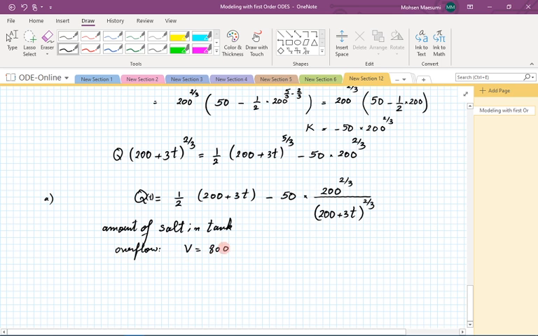Capacity is 800. Volume is 200 plus 3t. When it reaches 800, it means 3t has reached 600. It means we have hit the 200-minute mark. So overflow time t is 200.